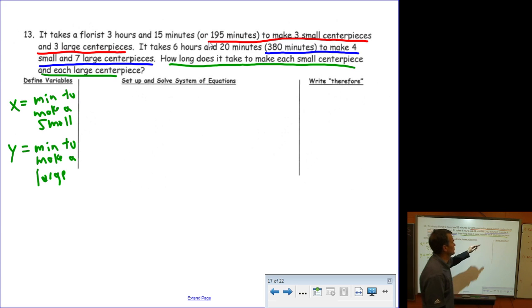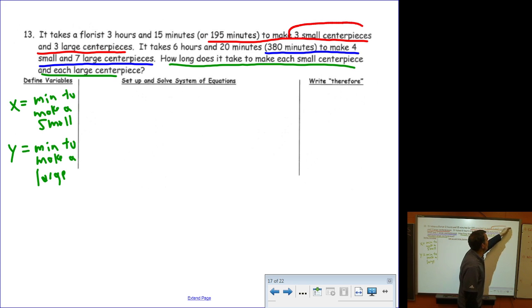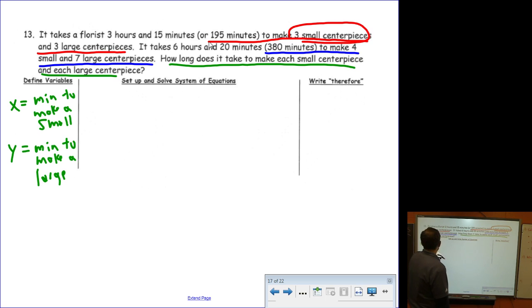When I make 3 smalls right here, that means it would take 3 times x to make 3 smalls. That's how many minutes it would take to make 3 smalls if it takes x to make 1. And 3 larges, so that's how many minutes it takes to make 3 smalls and 3 larges, and that's 195 minutes.